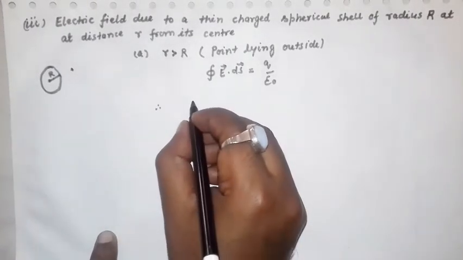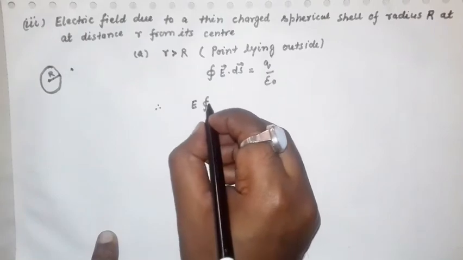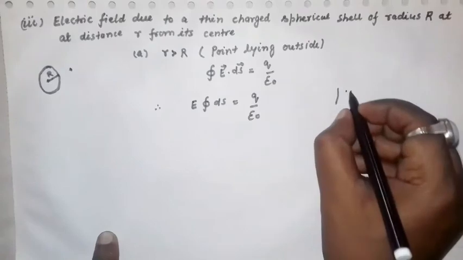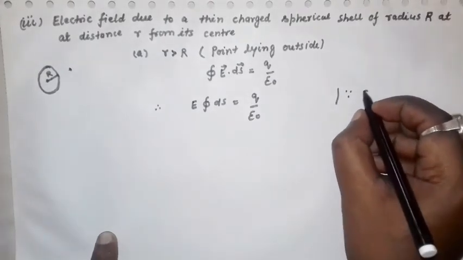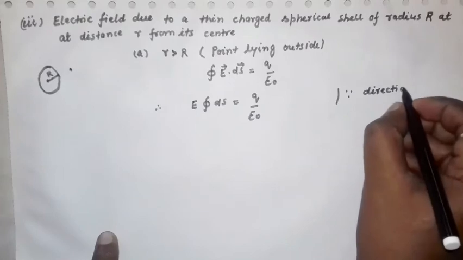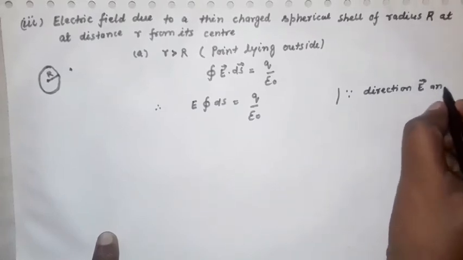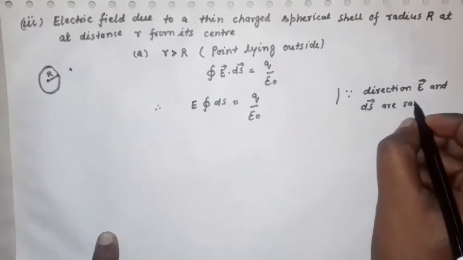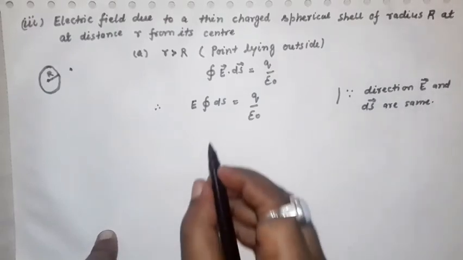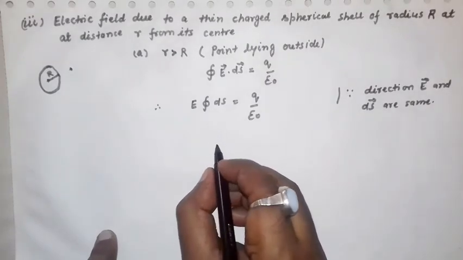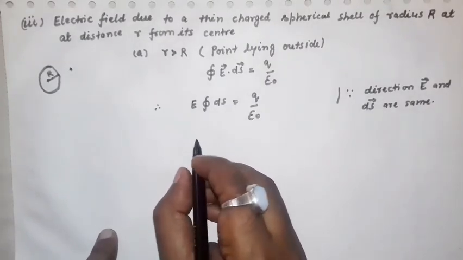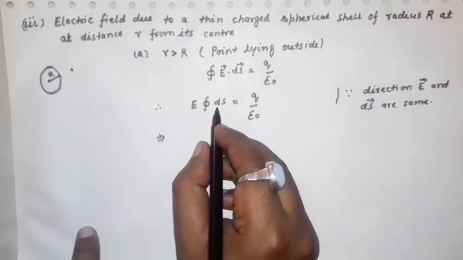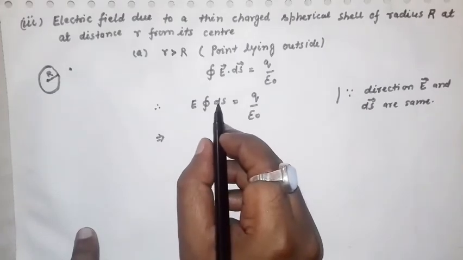Therefore, E into ds equal to q upon epsilon naught, since direction of vector E and vector ds are same. So this will be 4 pi r square.